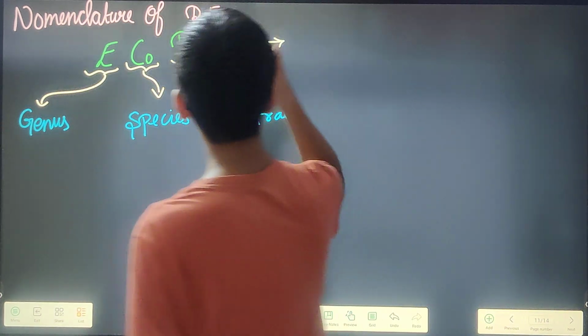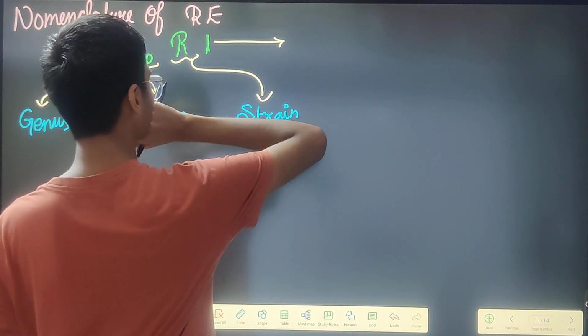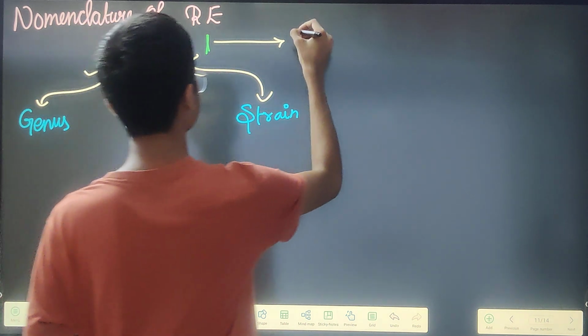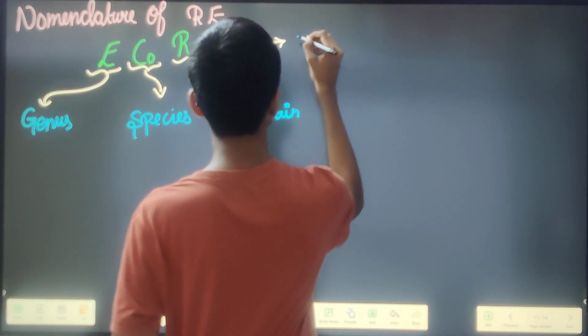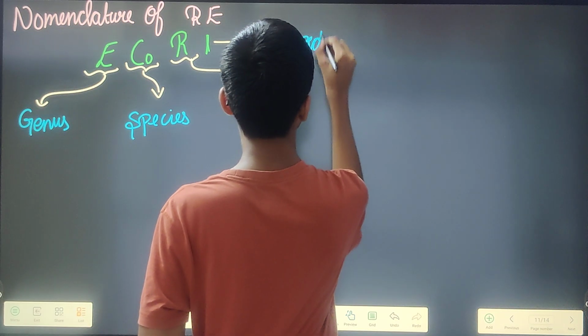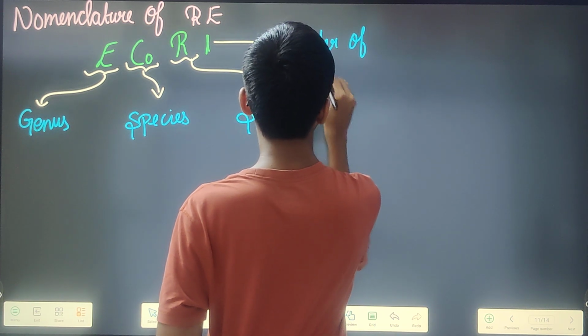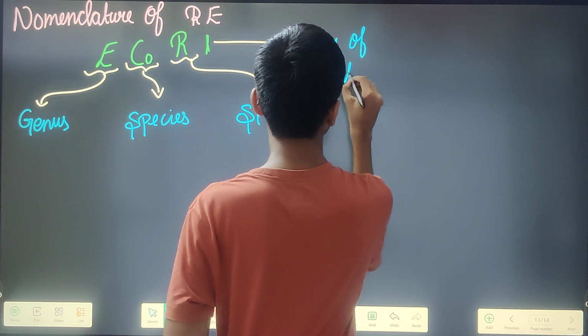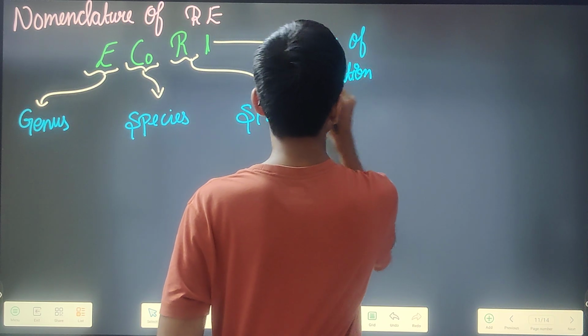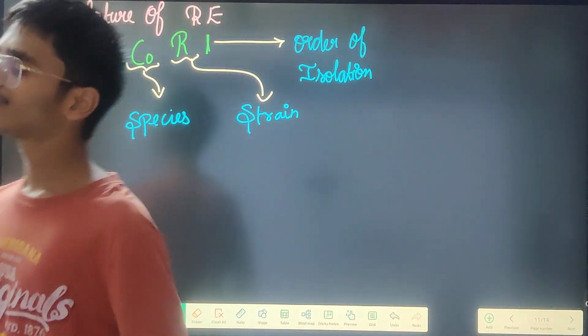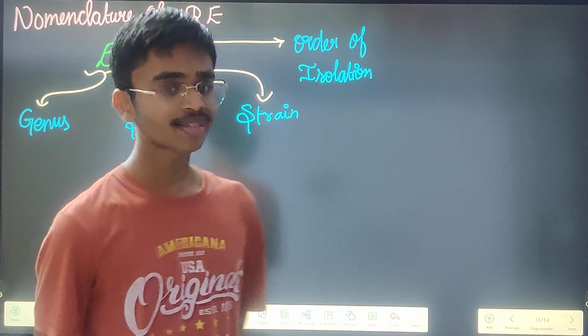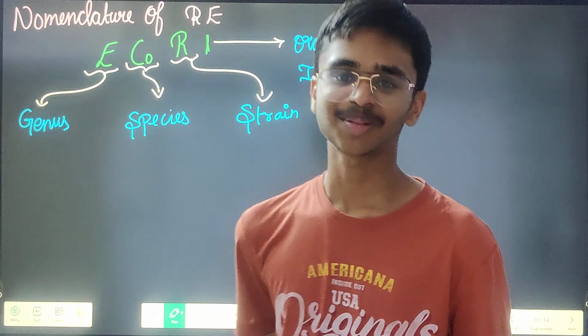Then here 1. So 1 is the order of isolation. What is order of isolation? In olden days, scientists weren't as classy as we are at present.